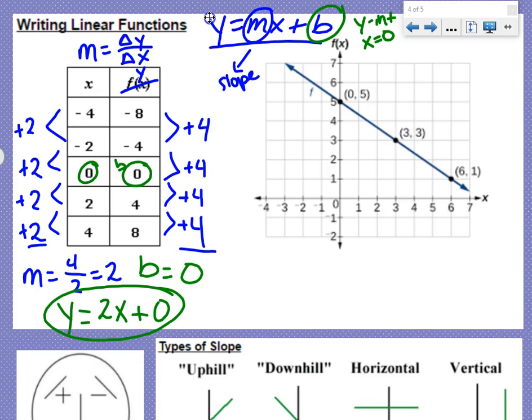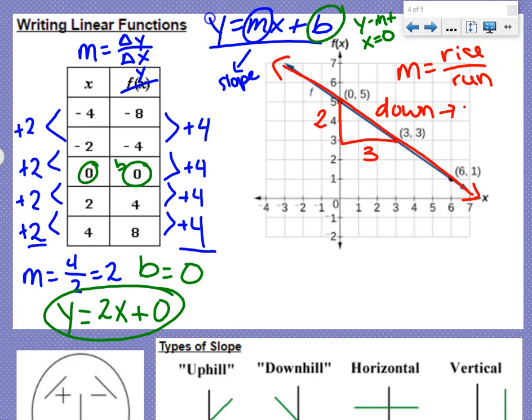From a graph, to find slope, we use m equals rise over run. So between 2 points, we make that slope triangle. Rise 2, run 3. Check, are we going up the mountain or down the mountain? We are going down, which means we have a negative slope.